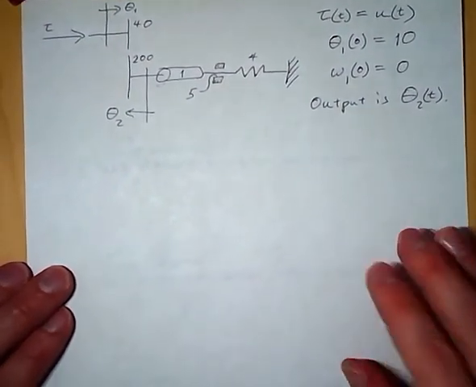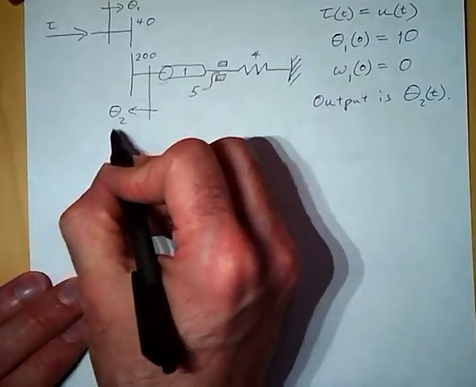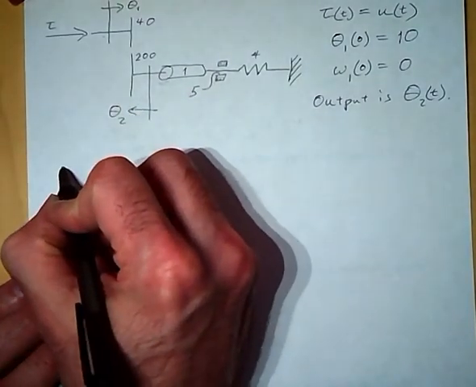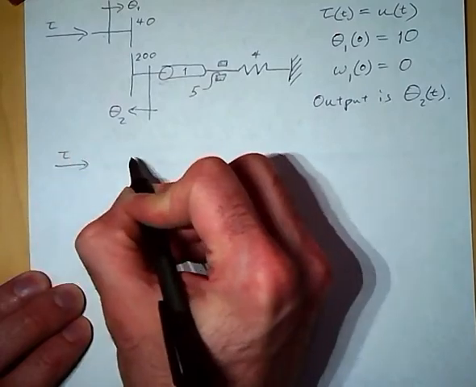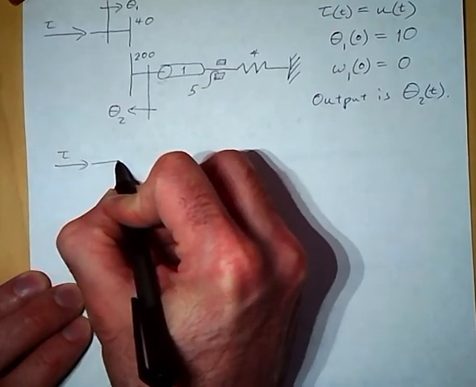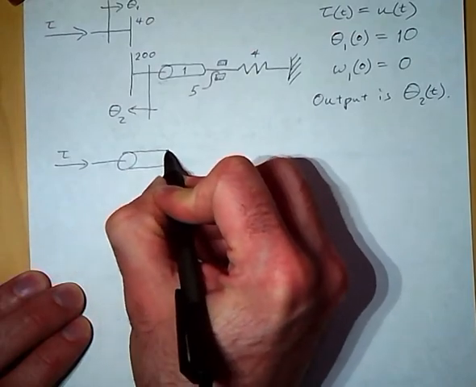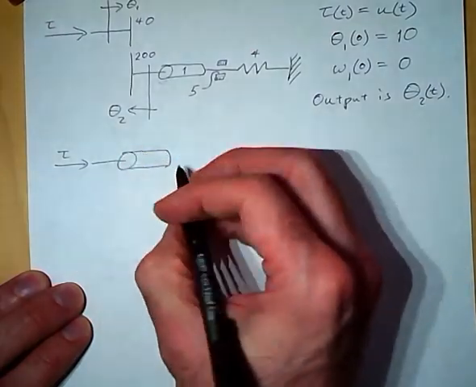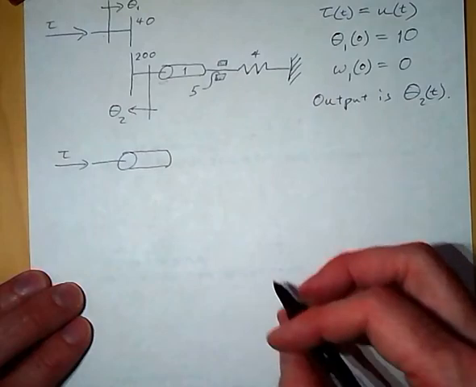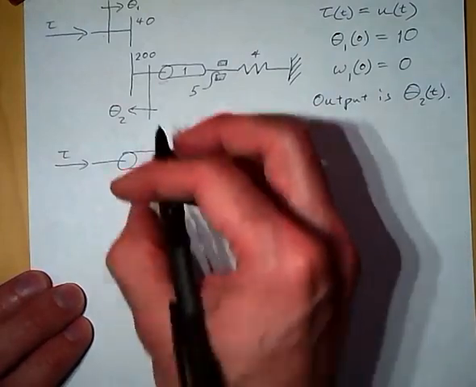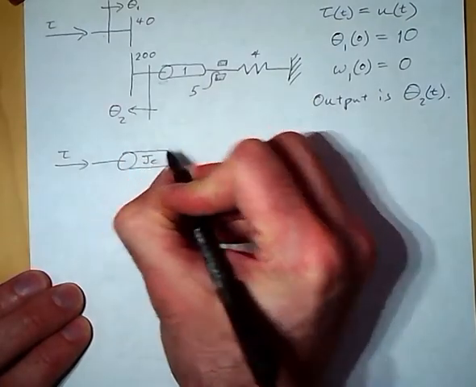So let's start by drawing the equivalent mechanical system on the input shaft. Again, we've got the torque, and we'll have a moment of inertia, which I'll just draw as JE.